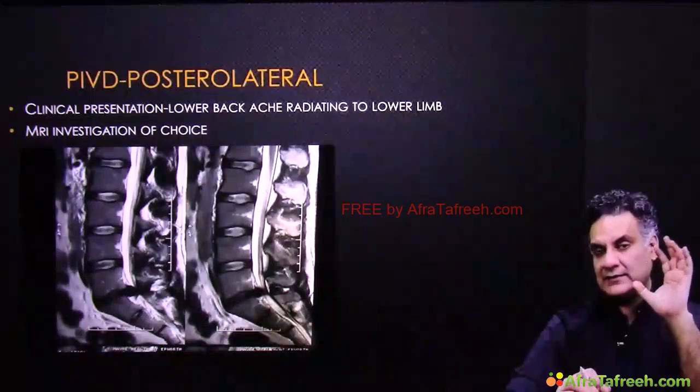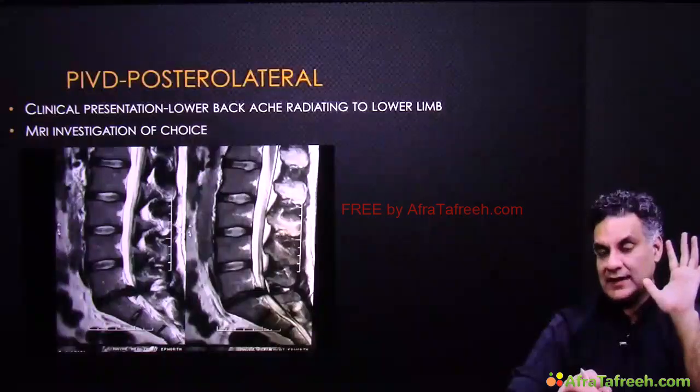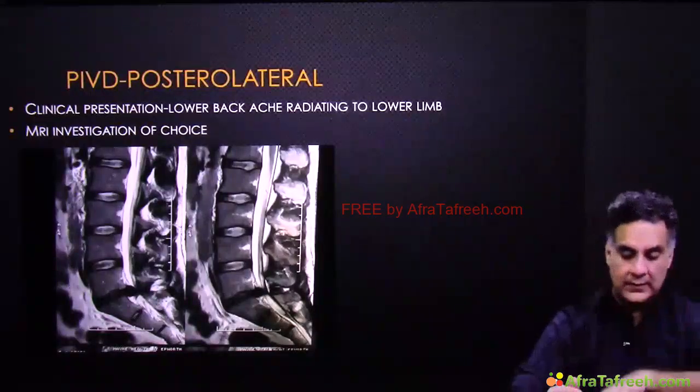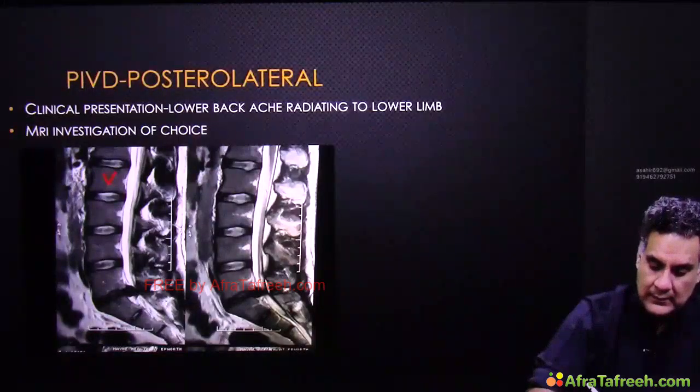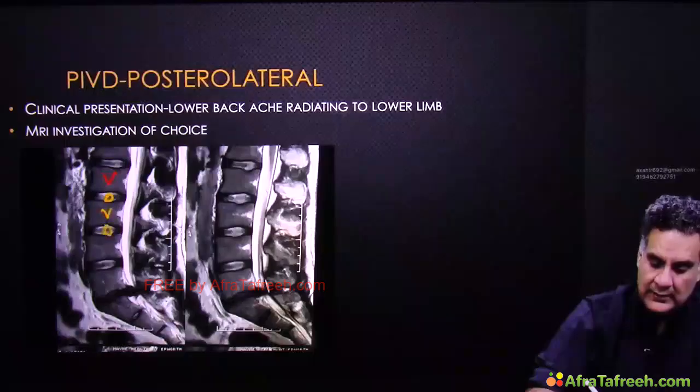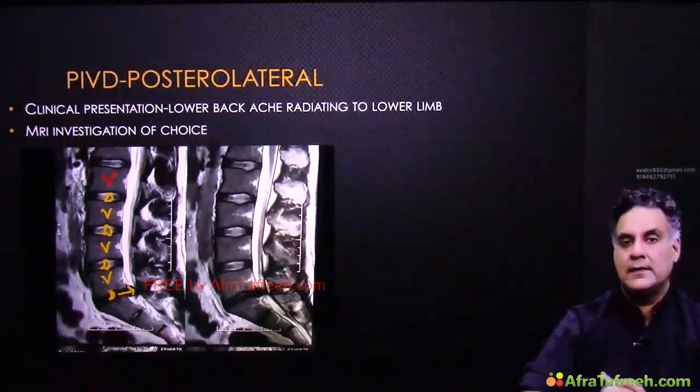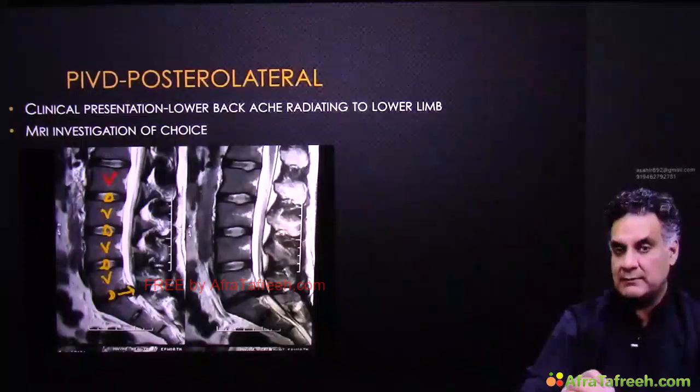If you look at the spine sagittal sections on MRI, you will see a vertebra, a disc, vertebra, disc, vertebra, disc. This disc has come out. It has prolapsed and it will compress the nerve roots.